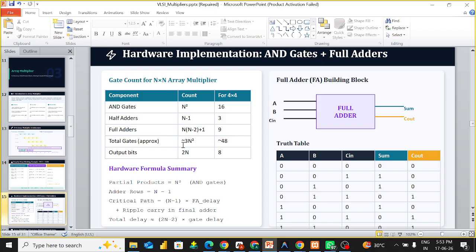So approximately inside a 4 into 4 array multiplier, there will be around 48 gates. So this is how you are going to find out how many hardware components are being used inside an array multiplier.